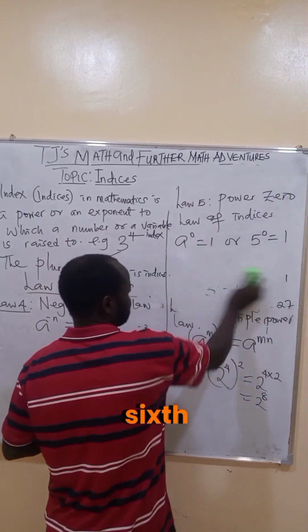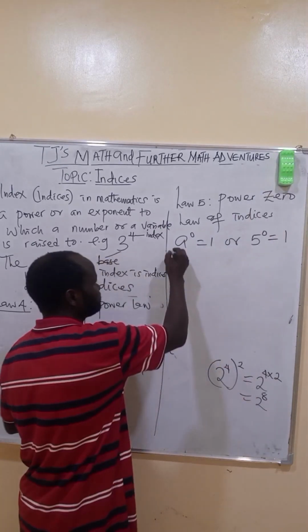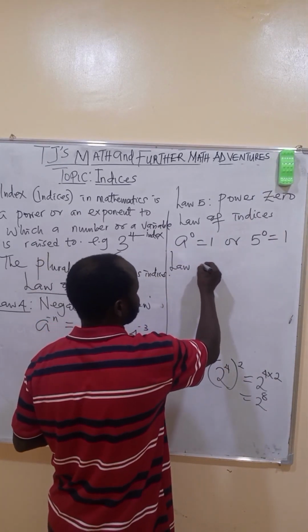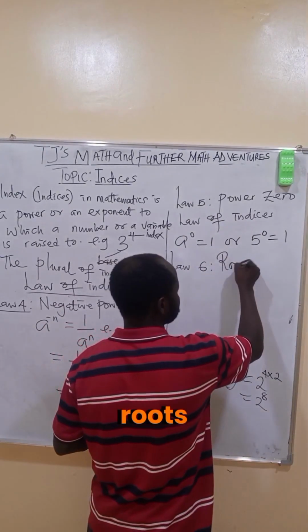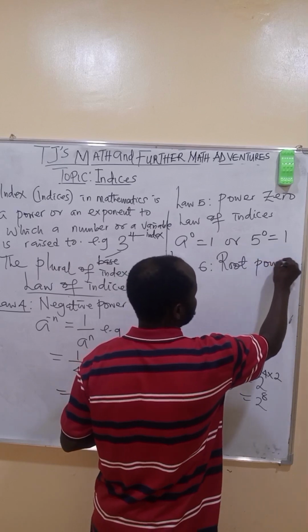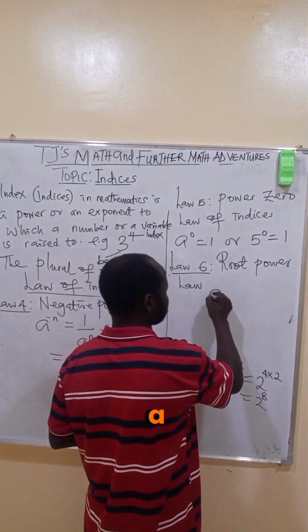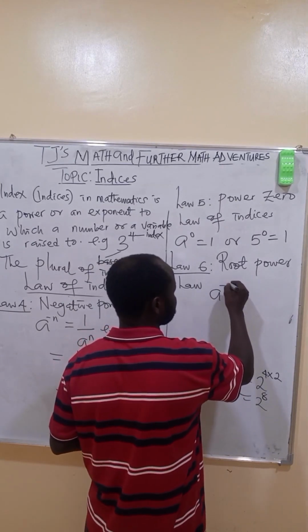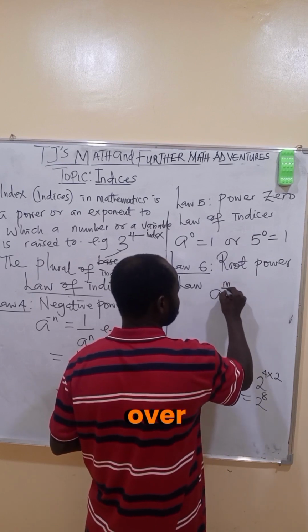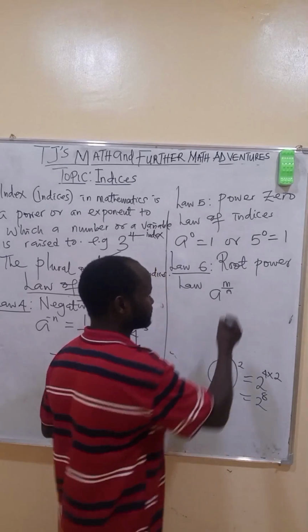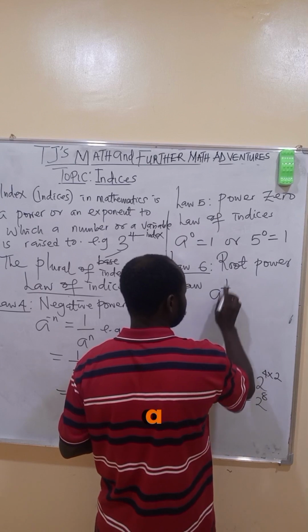Let's move to the sixth law of indices, which is what we call roots power law. Let's say we have a power 1 over m.